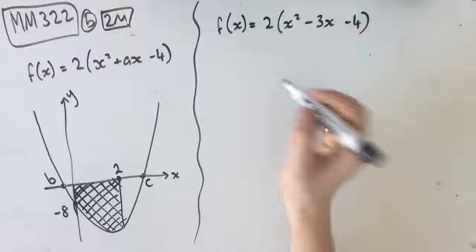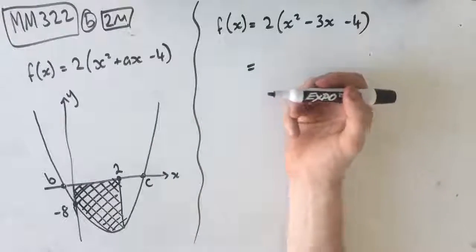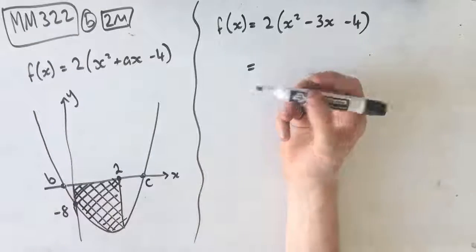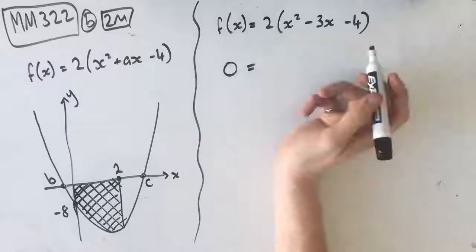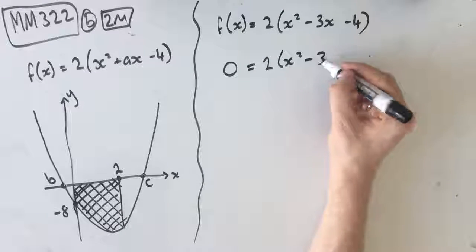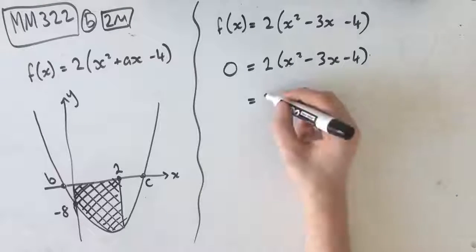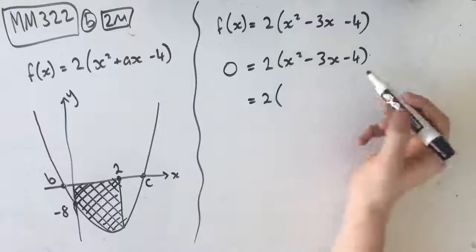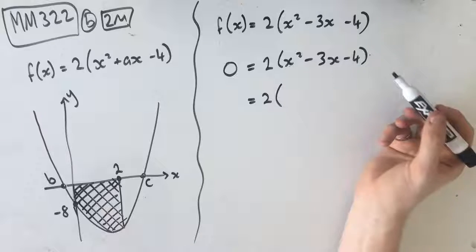Now what we want to do is find these x-intercepts, right? And we don't have our CAS, so we're not allowed to use that. And we know that our x-intercepts occur at y equals 0. So we're going to say 0 equals 2 outside of x squared take 3x take 4. And what we want to do is factorize this, right? So we want 2 factors of negative 4 that add to negative 3, right?